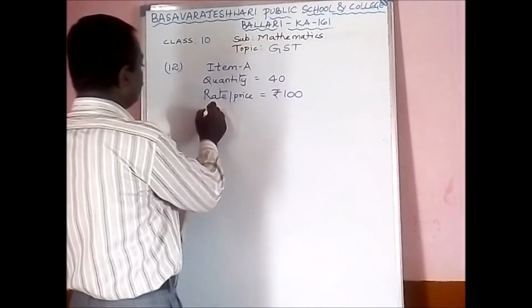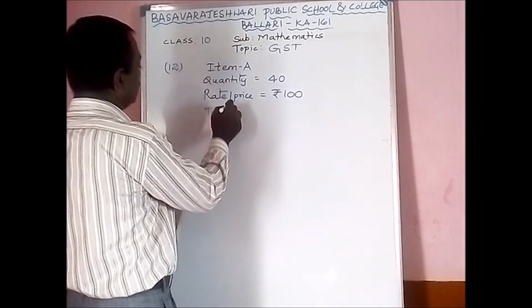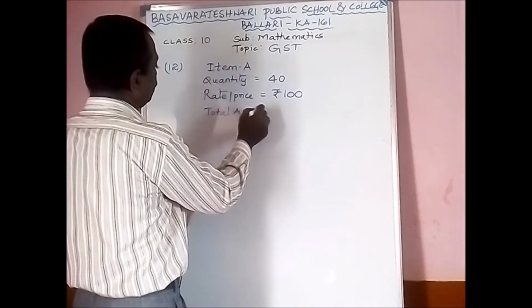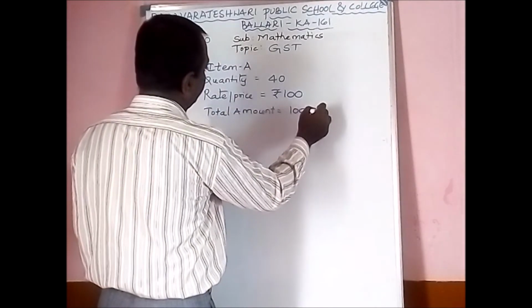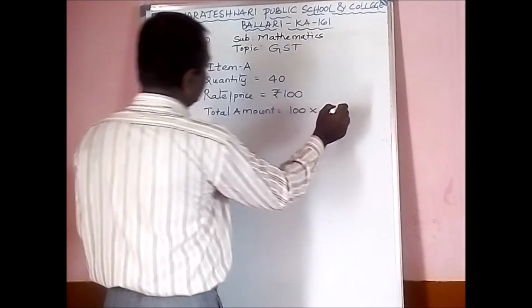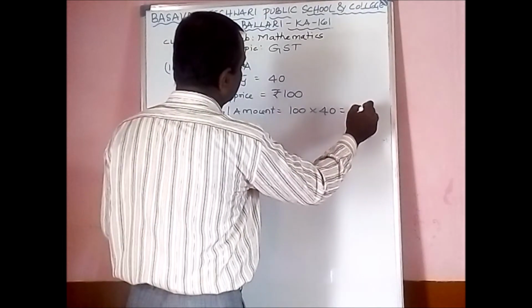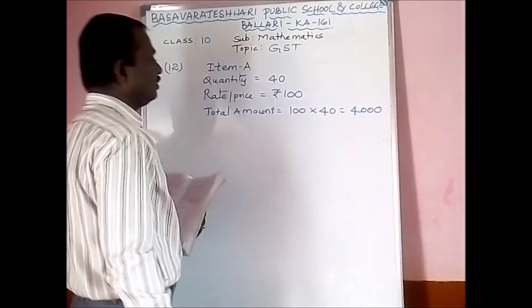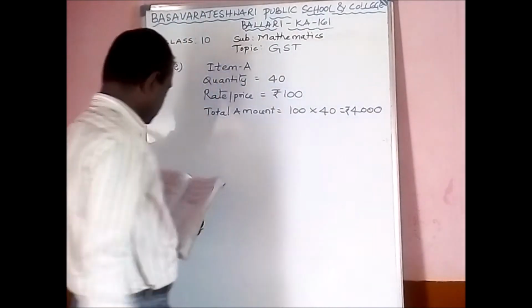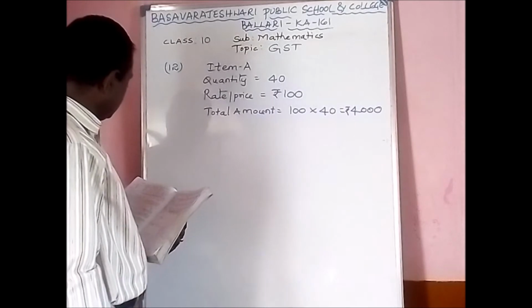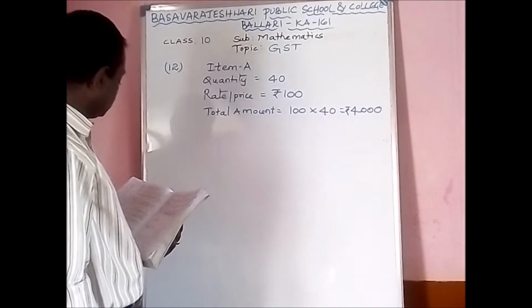Therefore, total amount, how much does it become? You have to multiply 100 into 40, that is equal to 4,000 rupees. 4,000 rupees, correct? That is the total cost or total amount.